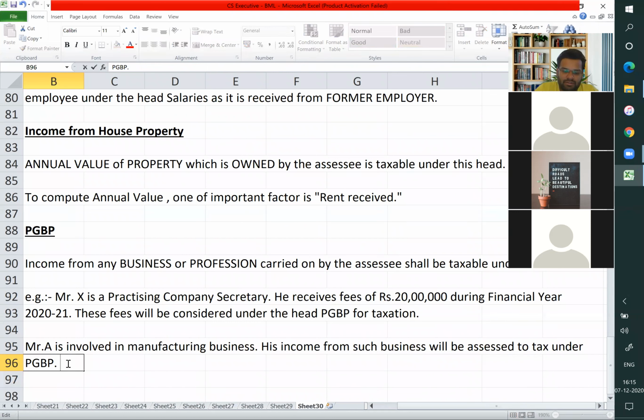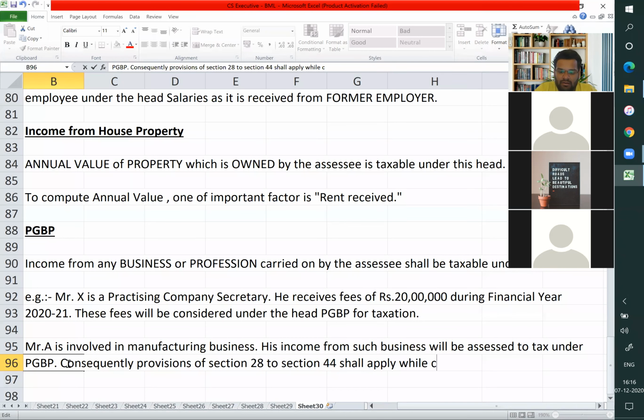What is the consequence? Consequently, provisions of section 28 to section 44 shall apply while computing his PGBP. Did we get the point?